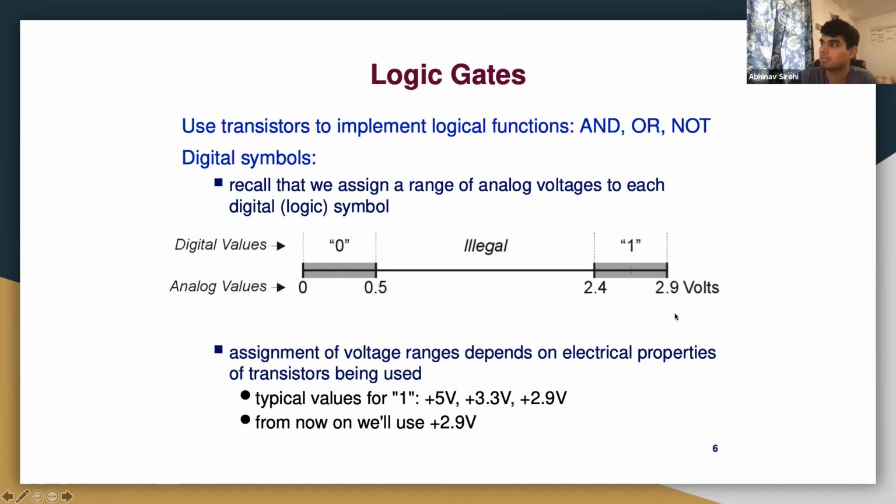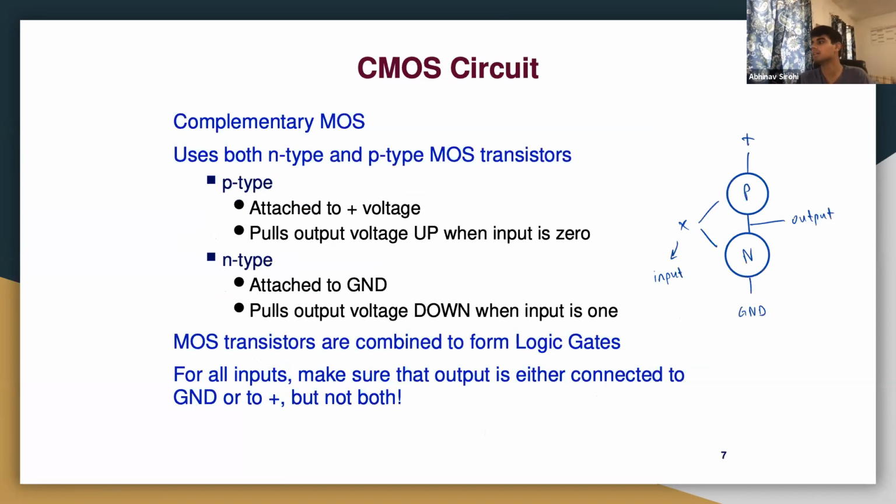And between 2.4 and 2.9 volts is our high voltage, which represents our 1. These are typical values for the high voltages, and for our purposes, we'll just use 2.9 volts. But it doesn't really matter for what we're going to do.